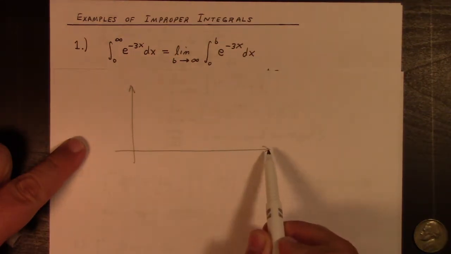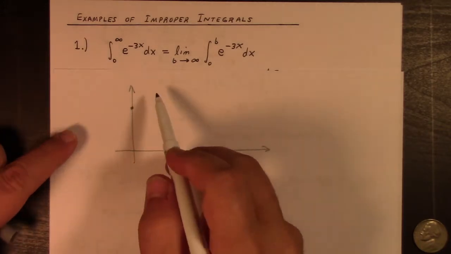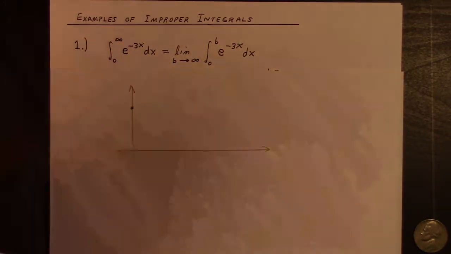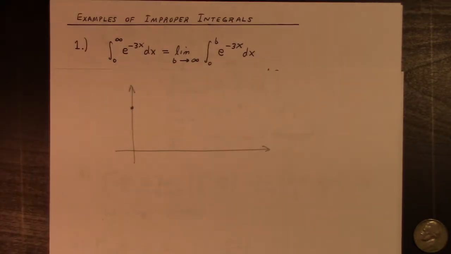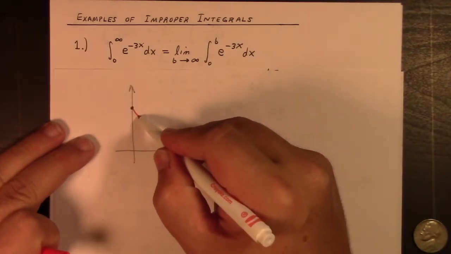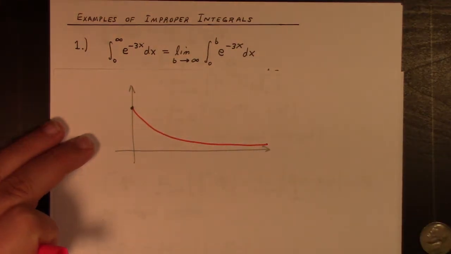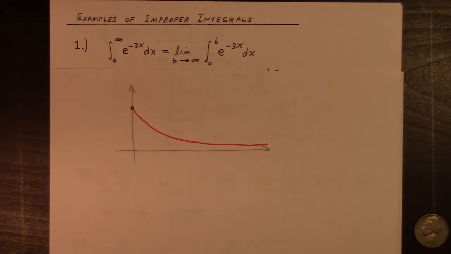Well, it's a decaying exponential, right? So it starts out at 1, and then it goes to 0 as x goes to infinity, asymptotically. It never actually gets to 0, but it keeps getting closer and closer to 0.